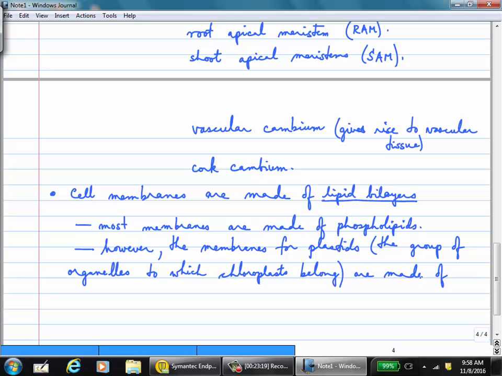That means instead of a phosphate, you'll have some kind of sugar over there. It's a head made of sugar.